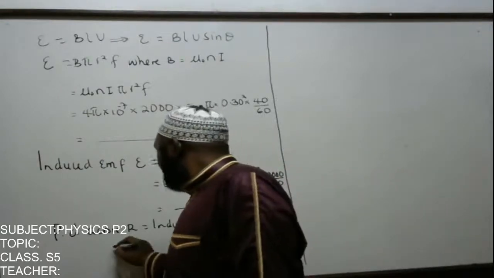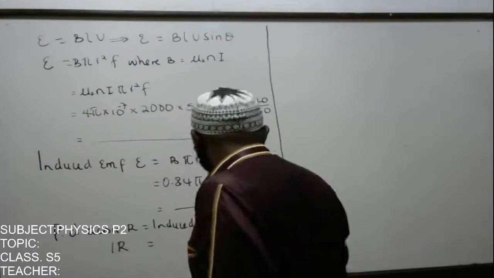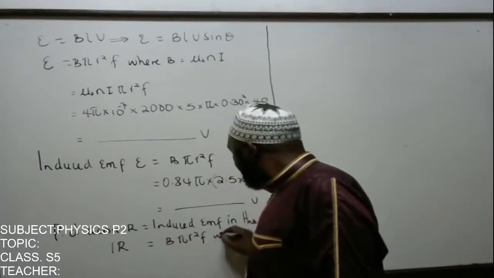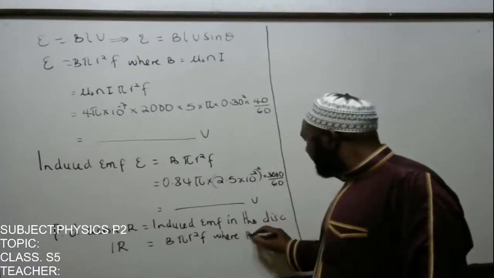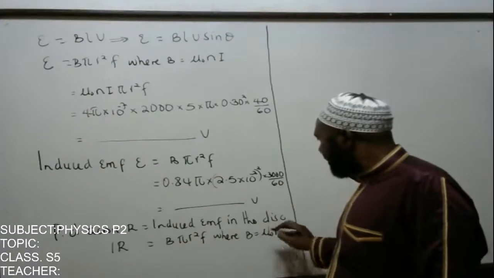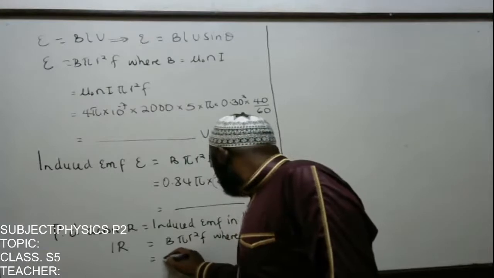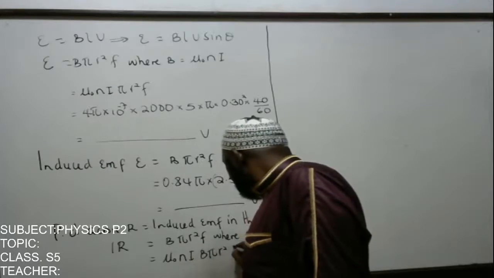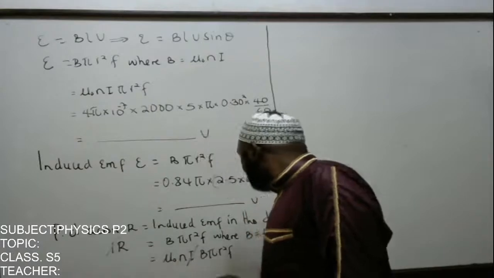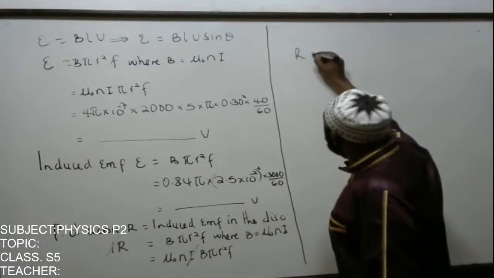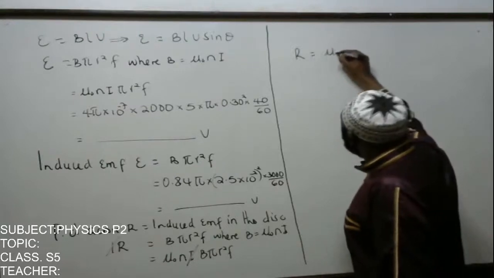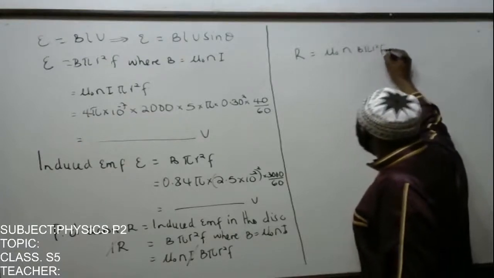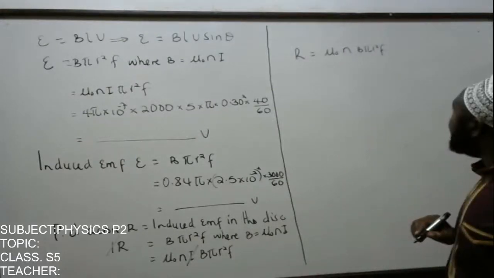So that means here IR is equal to the induced EMF in the disk, which is B pi R squared F, where, given that we are using a solenoid, B is equal to mu naught N I. So this expression turns out to be equal to mu naught N I pi R squared F. So the current can go, so we end up obtaining R to be equal to mu naught N pi r squared F. And that is the expression which we got previously.